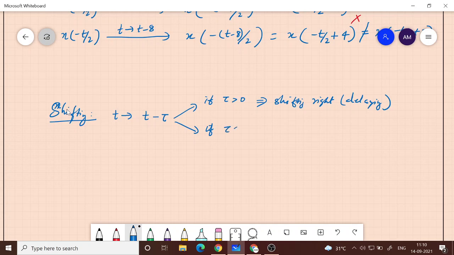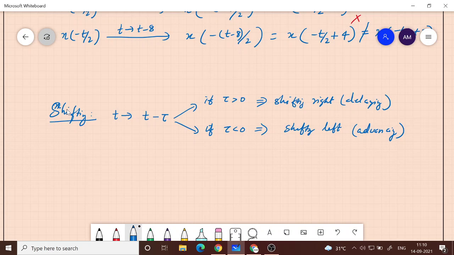If tau is less than 0, then what happens? Say minus 3. Tau is less than 0. Example, minus 3. So t minus minus 3 is t plus 3. Then shifting left, and that is advancing. So you can write both as t minus tau, and if tau is positive, it is a right shift, and if tau is negative, it is a left shift.